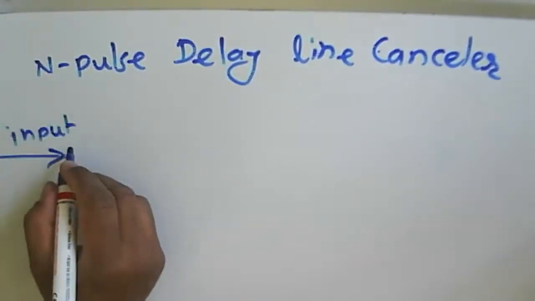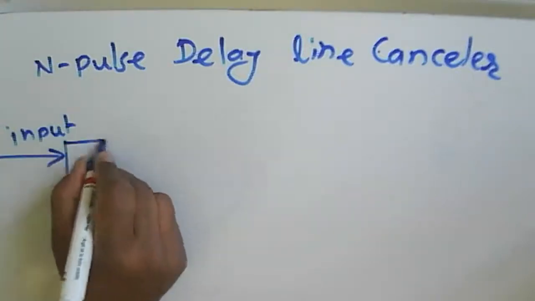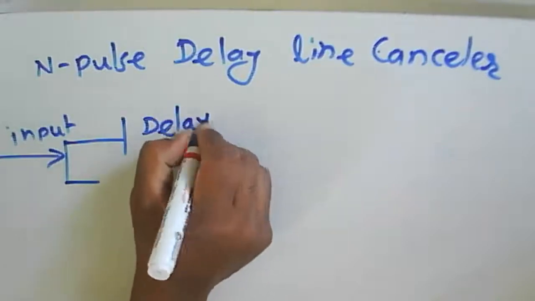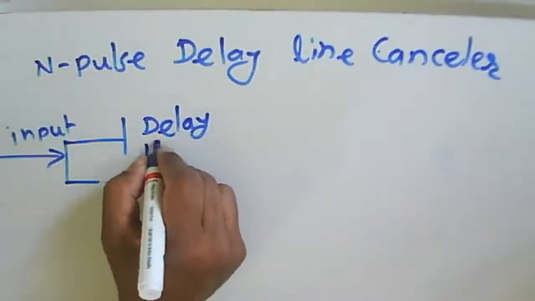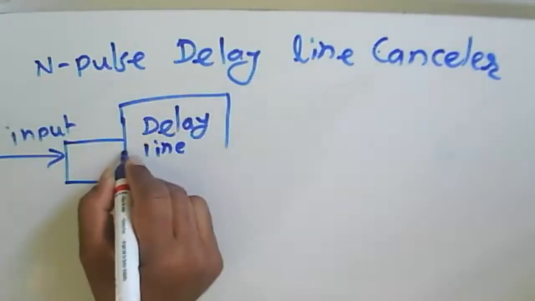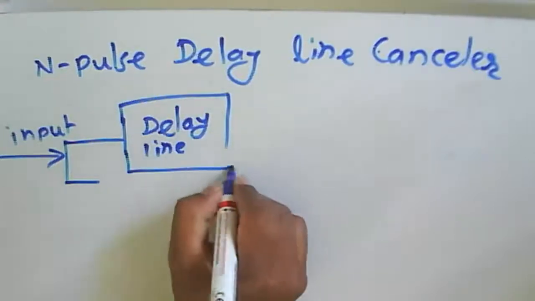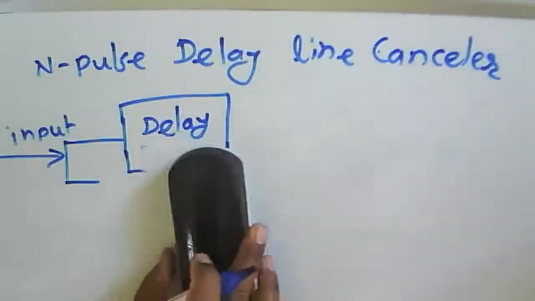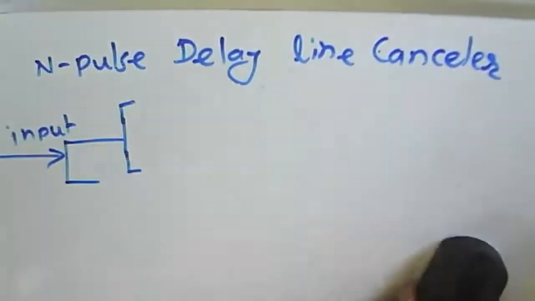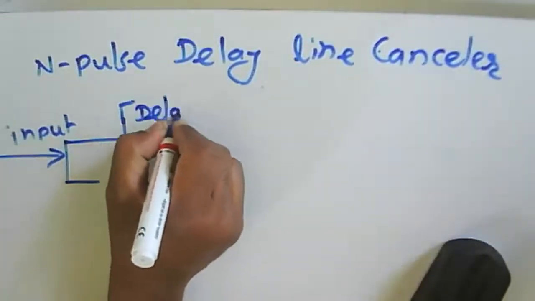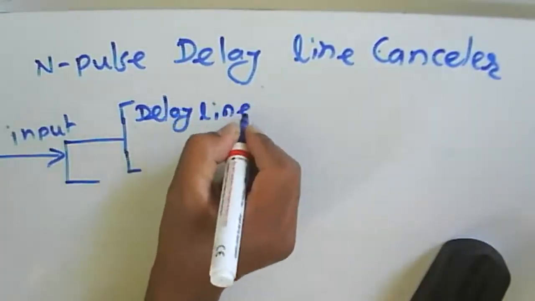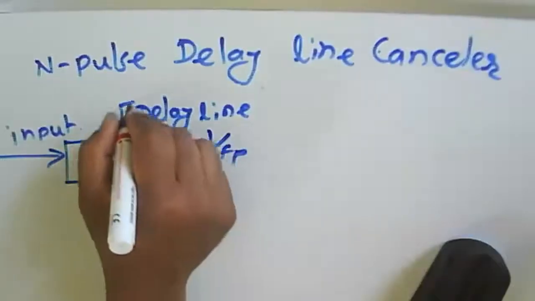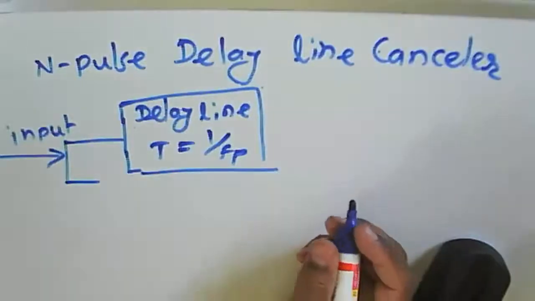Now the input is to be given to the first delay line, where the delay T is equal to 1 by fp.